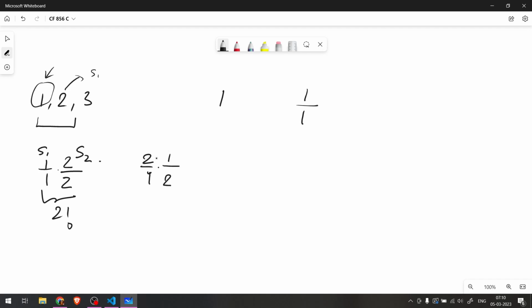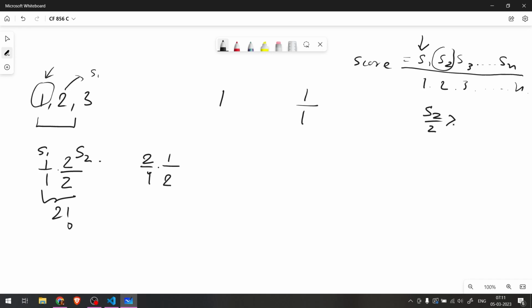Why am I following this numerator by denominator format? Because the score is basically S1, S2, S3 dot dot dot Sn by 1, 2, 3 dot dot dot n, right? So if you notice, once we have the first element, we would only want to add the second element if the fraction S2 by 2 is greater than 1, or that is S2 greater than 2.